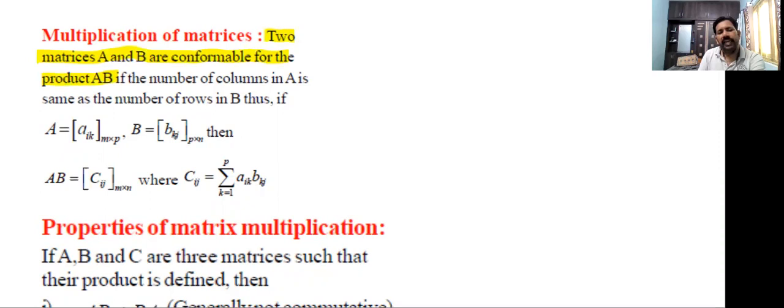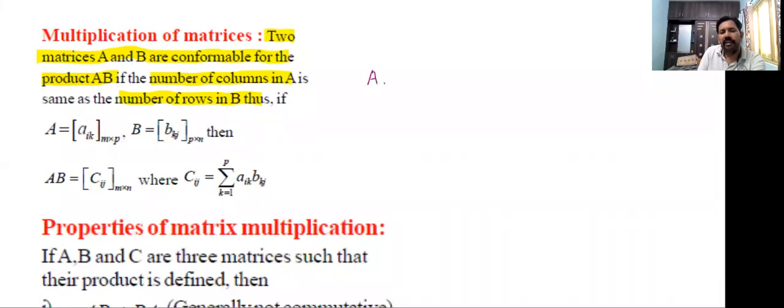Two matrices A and B exist for multiplication when the number of columns in matrix A is equal to the number of rows in B. For suppose, see the example.